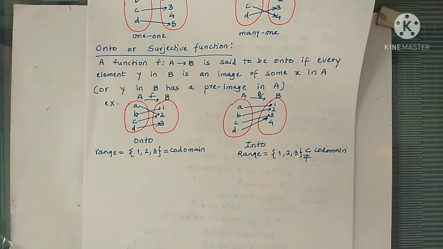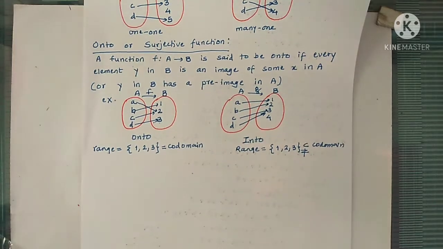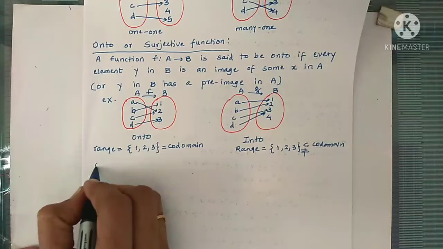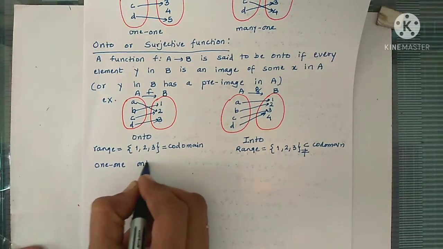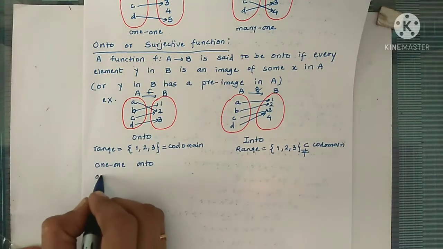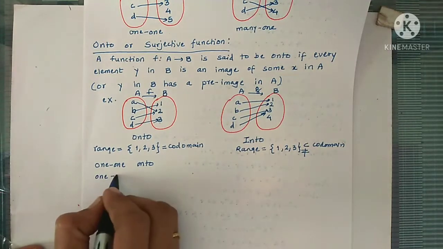Now we have the types of function as one-one function or many-one function. A function can be one-one or many-one, that is the first classification, and the second one is that a function may be an onto function or an into function. So we have four types here. First one is one-one onto function, a combination of one-one, many-one, onto and into.